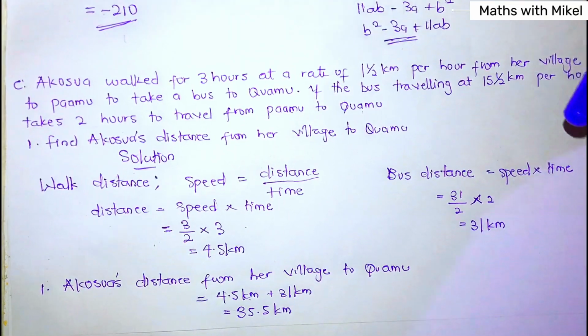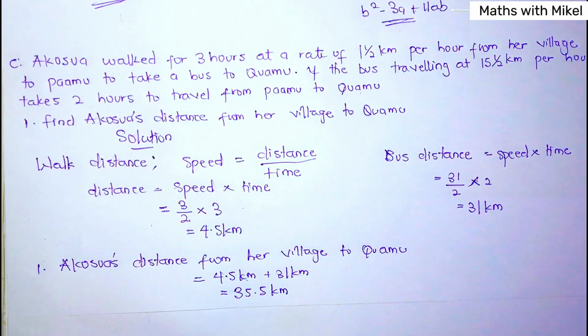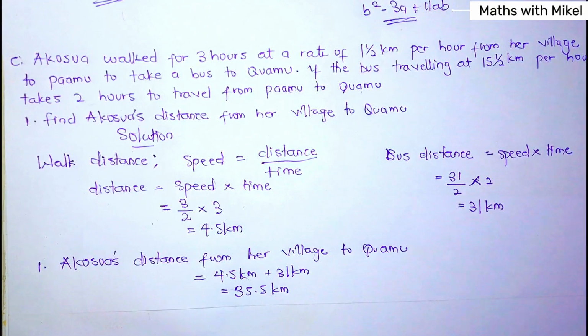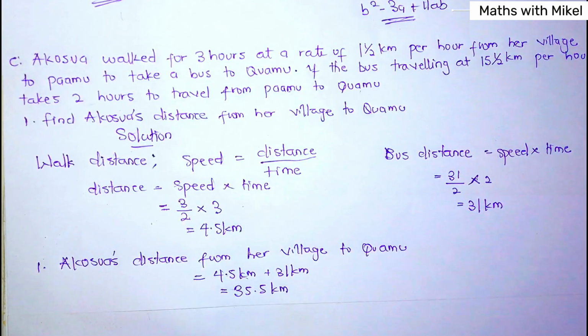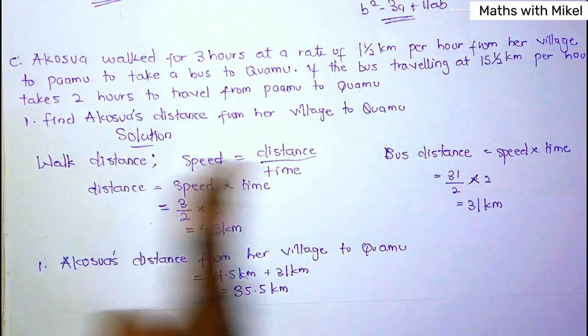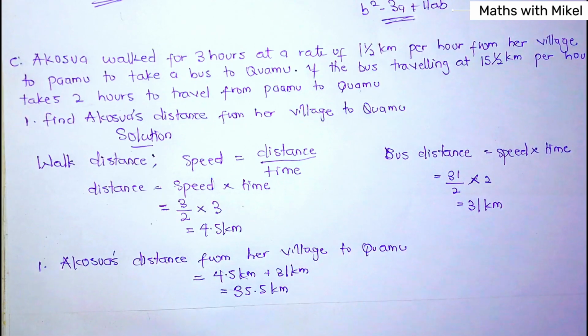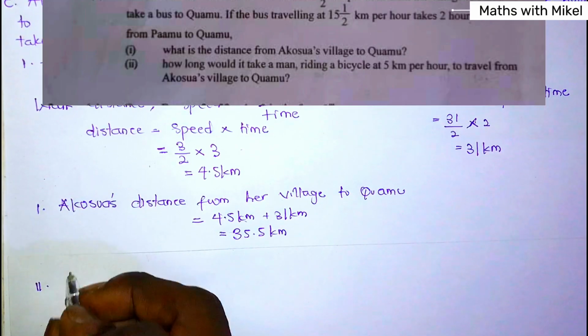Okay. Now we are asked to calculate time taken if she used a speed of 5 kilometers. So that's the II part of the question. So I didn't write the question here, but the II part says that we should find time.